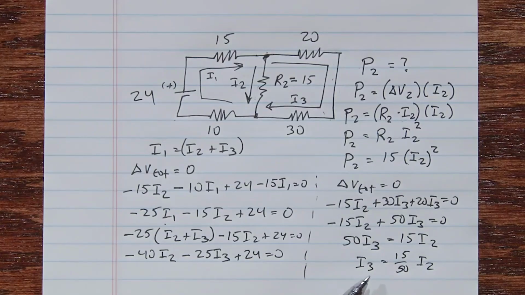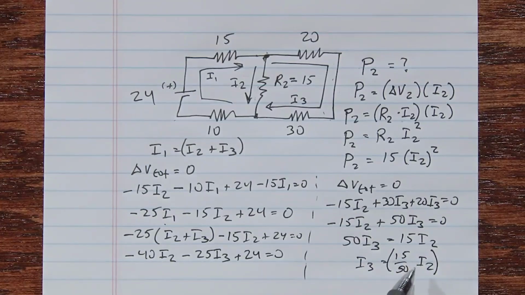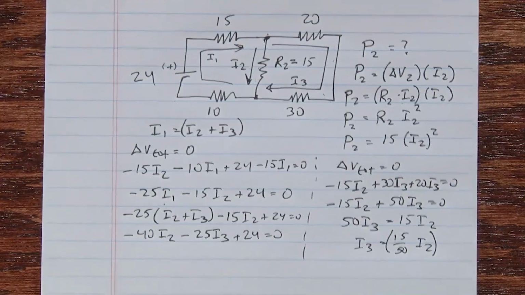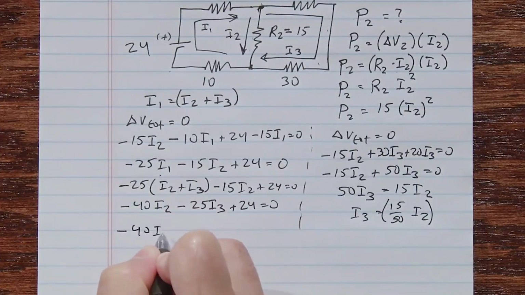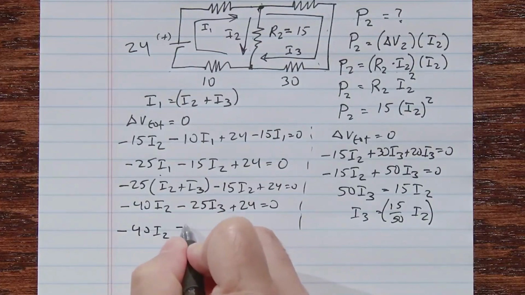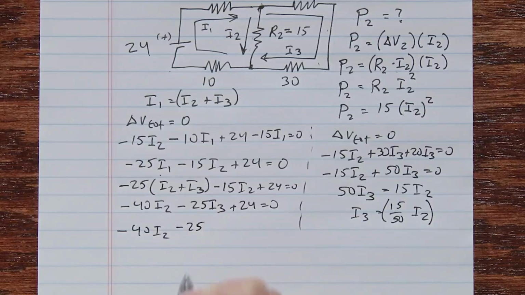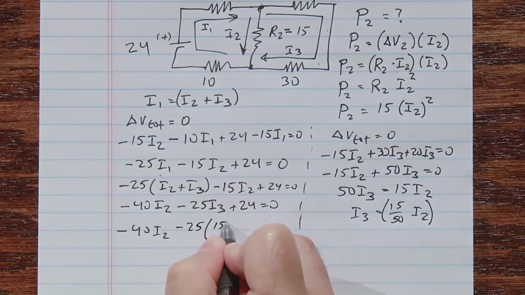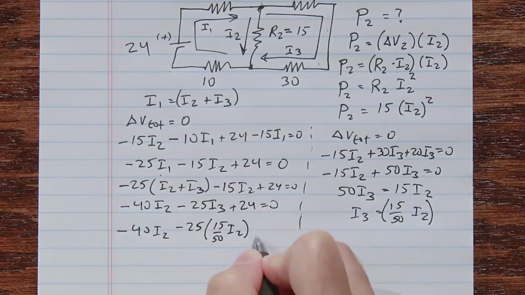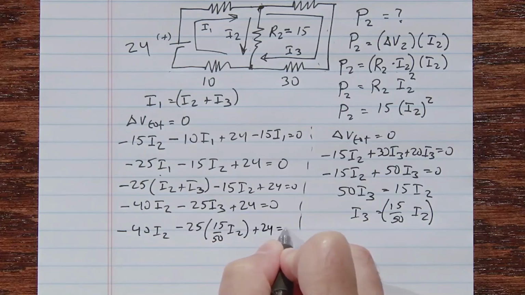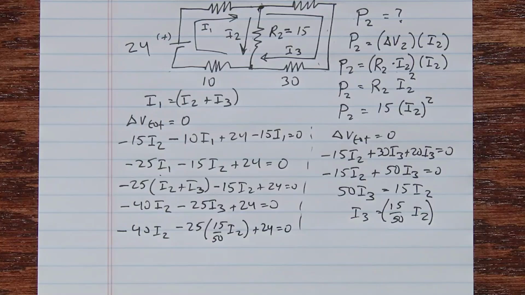And now I can take that, I3 is 15 over 50 times I2, and substitute it in for I3 right here. And I have minus 40 I2 minus 25 times 15 over 50 I2 plus 24 is equal to 0.